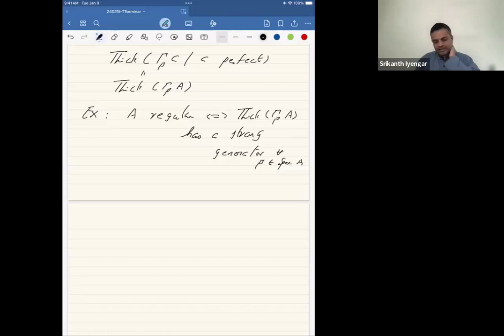So if you want to check regularity, it's enough to check that in each stratum, the subcategory generated by the image of the compact objects in the big category has a strong generator.